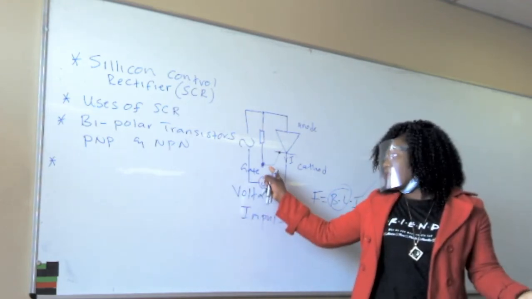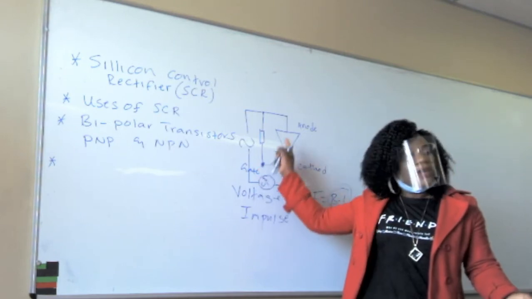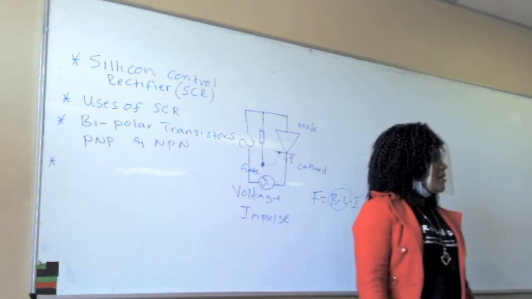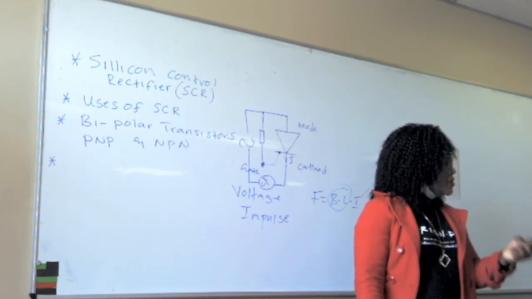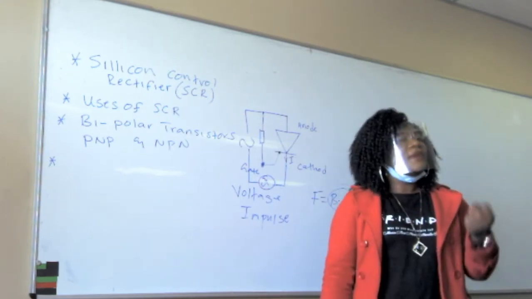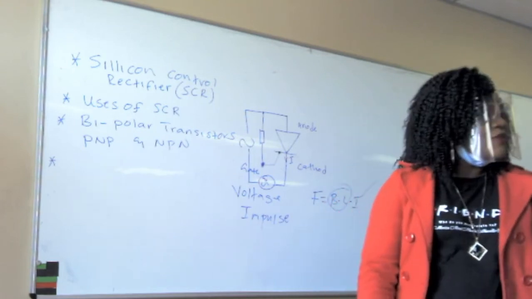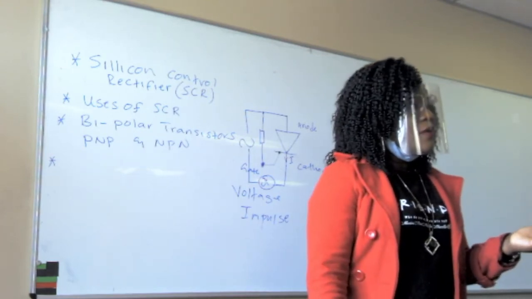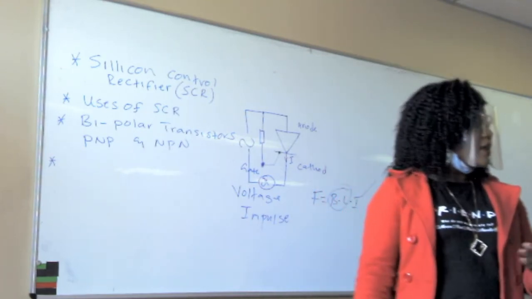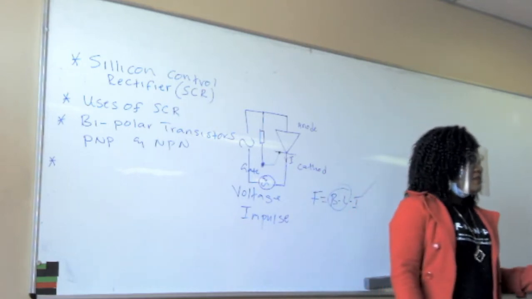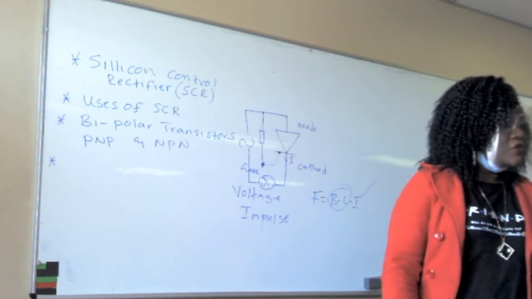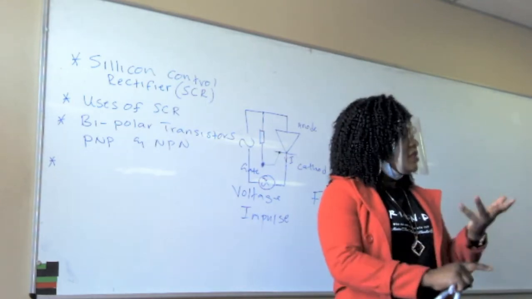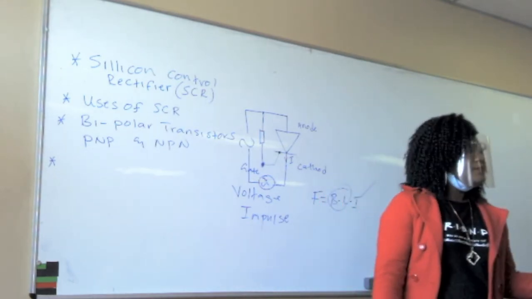When you apply 0 volts on a gate, there is no current that will pass through the SCR. When you apply 5 volts on the gate, there will be current but less current because 5 volts is less. When we apply 100 volts on the gate, there will be more current because current and voltage are directly proportional to each other. The more the voltage, the more the current that will pass through.